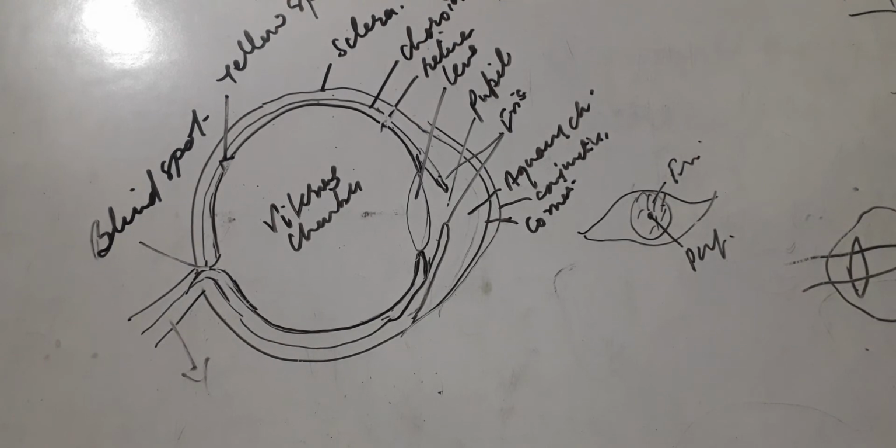Focusing of the image, the nerve impulse produced in the retina is transmitted to the brain, and the brain interprets it. Now, accommodation of the eye.